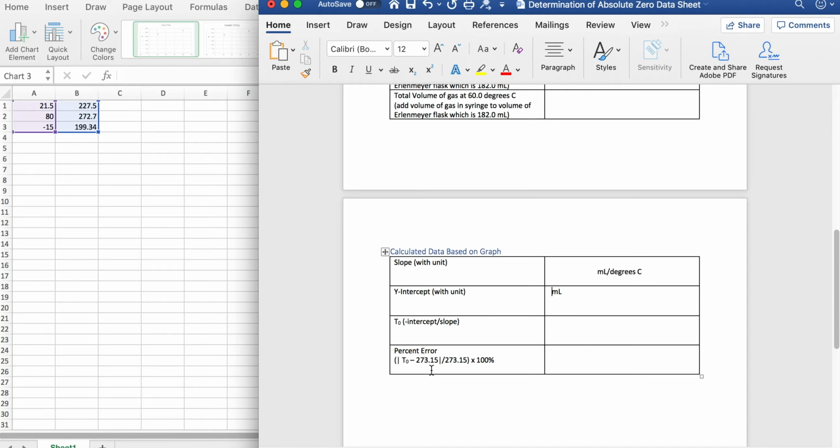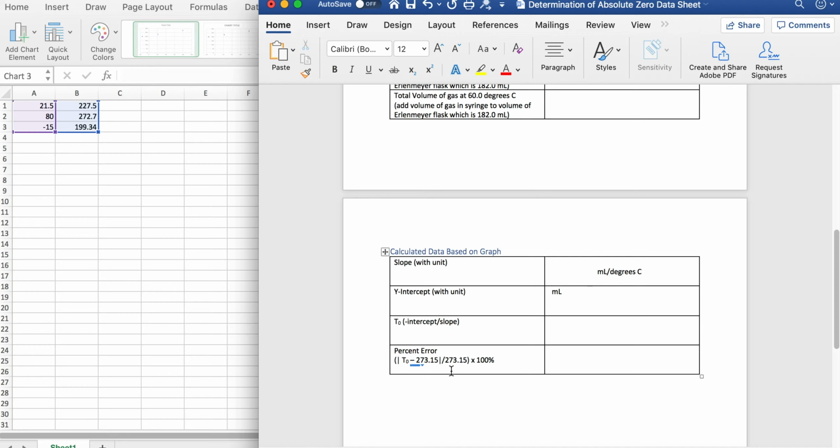To calculate your percent error, these little lines here on each side mean take the absolute value, and all that means is when you take your T0 value, which is the value you calculate, you subtract 273.15. If the value happens to be negative, then you just make it positive. If the value happens to be positive, then you just leave it as positive. So that's just for this part here, T0 minus 273.15.